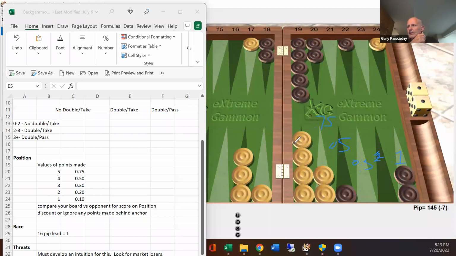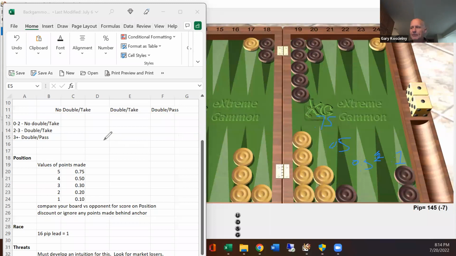Again, it's the relative strength of the two values, our board compared to our opponent's board. In this case, we have the 5 point, and that's it. Our opponent has the 5 point too, so we say that we don't have any board advantage, and we get 0 for board in terms of the number counting.